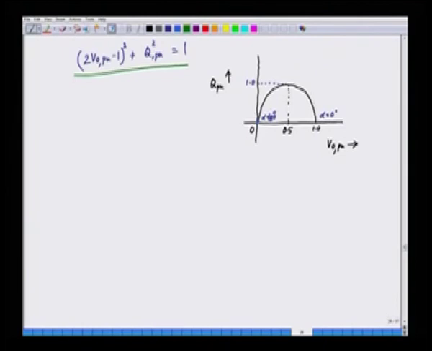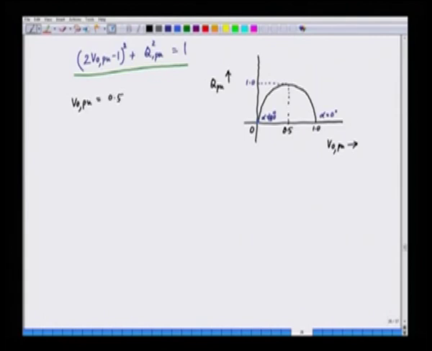It is not a circle, but it is a quadratic equation in terms of V naught per unit and Q per unit, and will have this kind of shape. We can find out the discrete values here. Now, suppose we put V naught per unit is equal to 0.5.